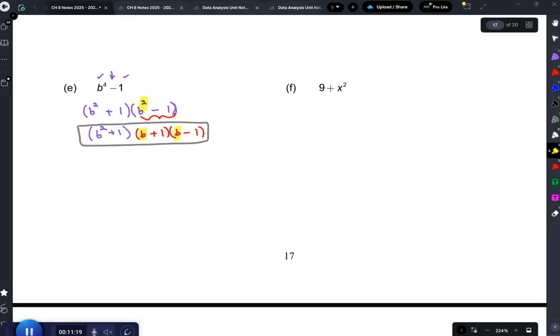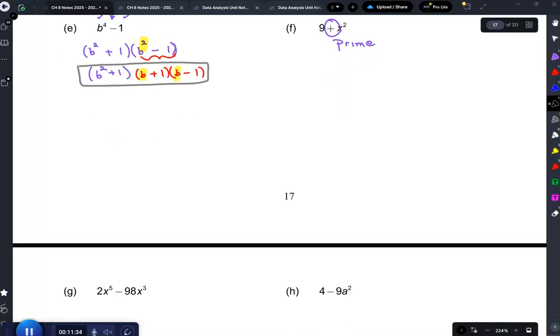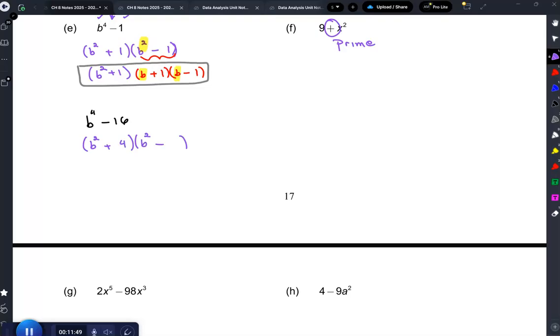Look at this one. What do you think about this one? Prime. It's prime. Why is this prime? Because it's a plus in the middle. Okay, so take a look at this one. I'm going to add one. B to the 4 minus 16. Okay? B to the 4 minus 16. I say b squared plus minus 4.